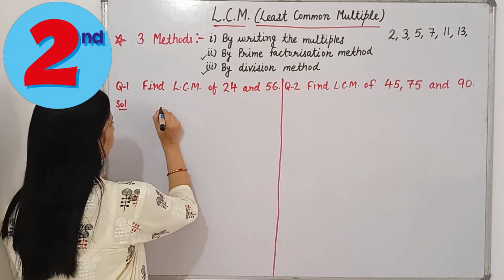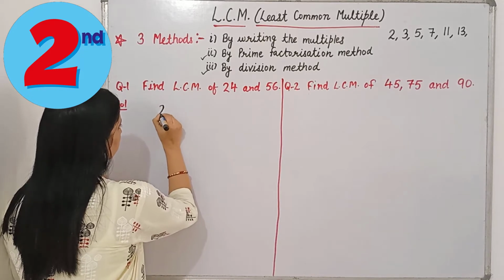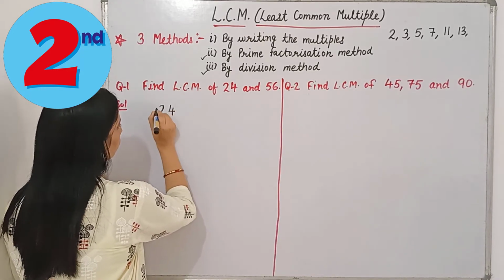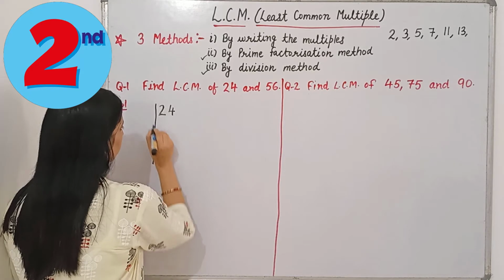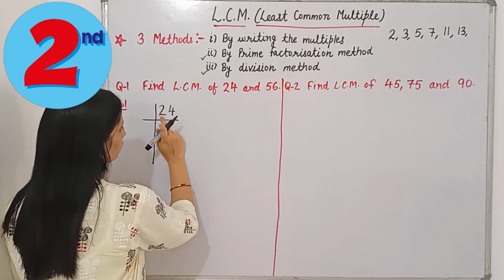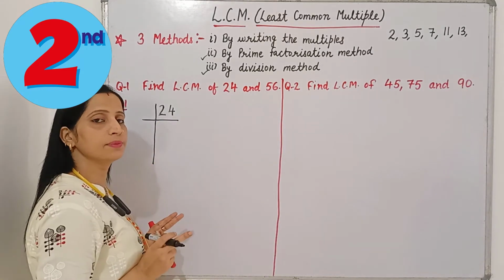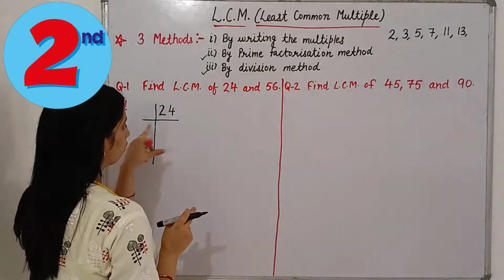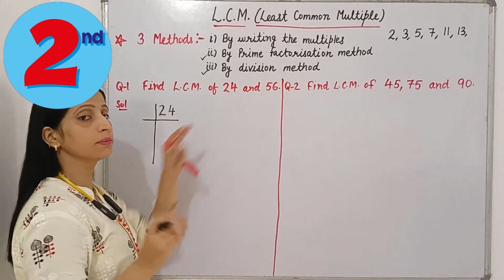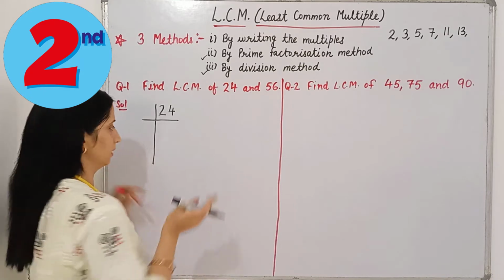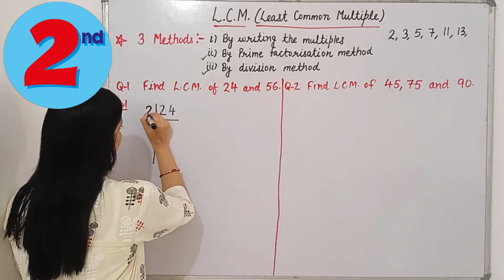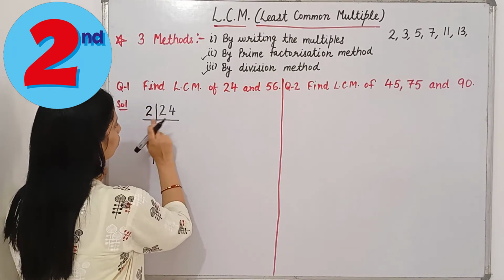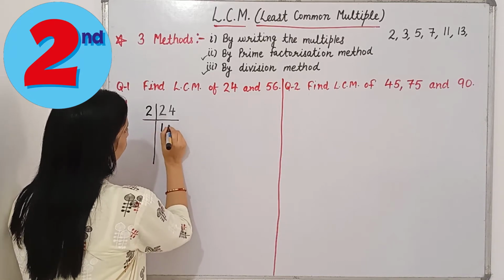So let's write 24 here. Now we will find out its prime factors. As we know that 24 is divisible by 2. So we will always start dividing the given number by the lowest possible prime number. So we will start dividing 24 by 2. 2 ones are 2, 2 twos are 4.